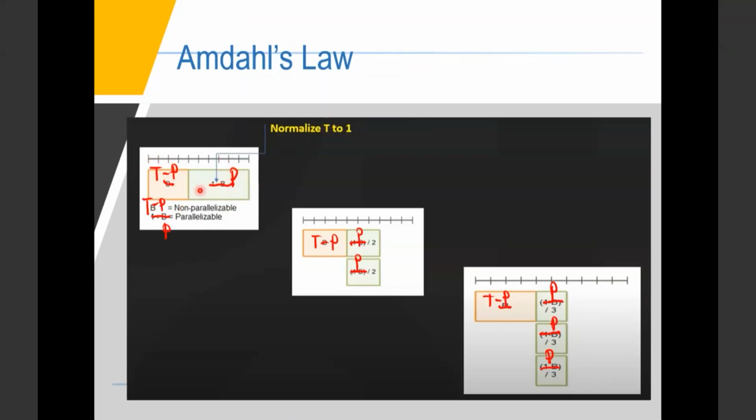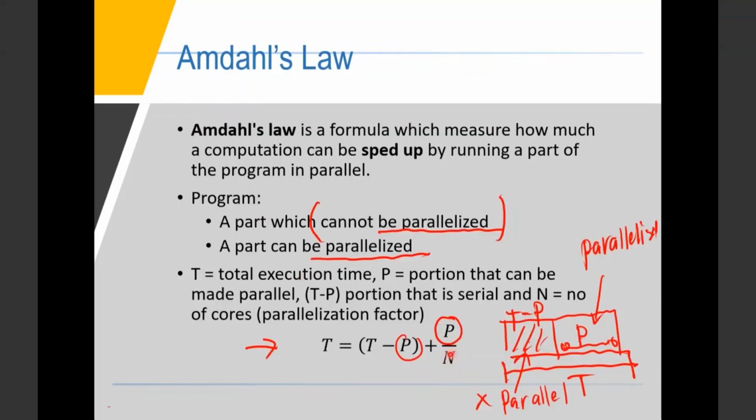Let's say the total time T, from here to here, we normalize to 1. So for the non-parallelized section, the value is 1 minus P. This is where we don't use any cores, because P is not divided by this N here. Let's assume that we have a single core, so we put N as 1. So this is the equation.